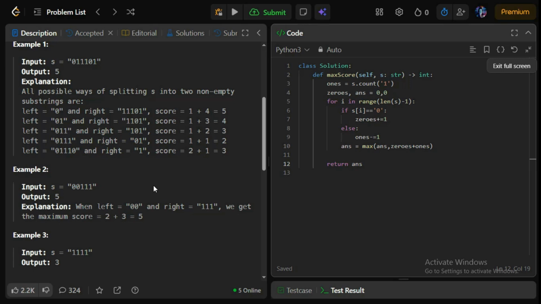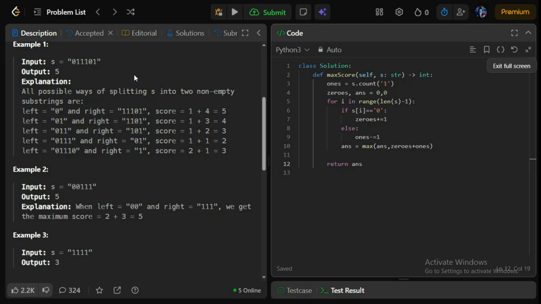Now let's understand how I have solved this problem. To solve it, the first thing I do is count all the ones in the string. Let's take example 1 to understand my code step by step. When we count all ones in the given string, we get 4, which I store in a variable called ones.